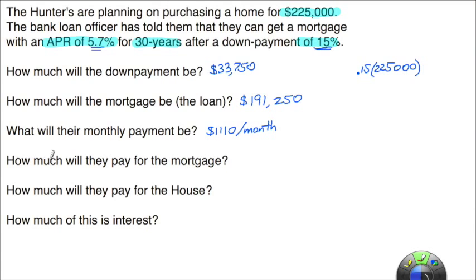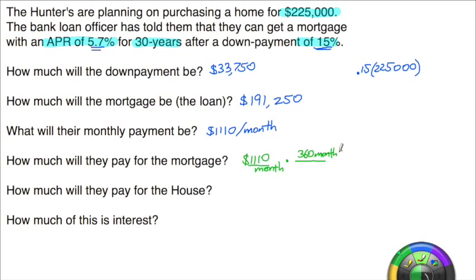Alright, so how much will they pay for this mortgage? Well, that's going to be how much you pay per month, and we're going to multiply that by every month that you're going to make a payment. So you're making $1,110 per month. This goes back to those nice little conversion fractions. And we're paying for 30 years, which is 360 months.